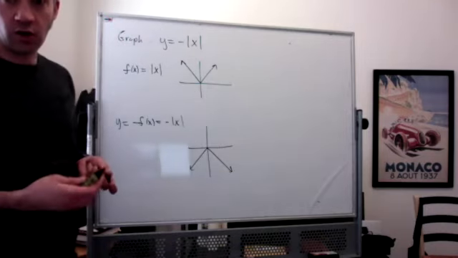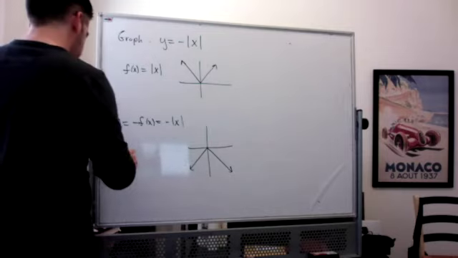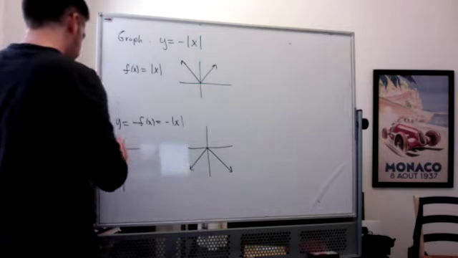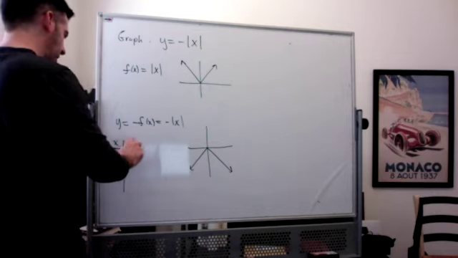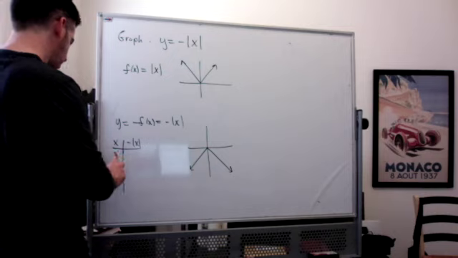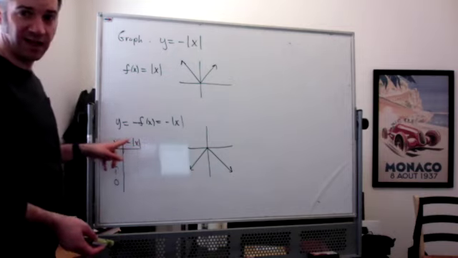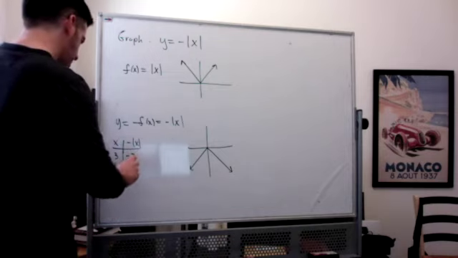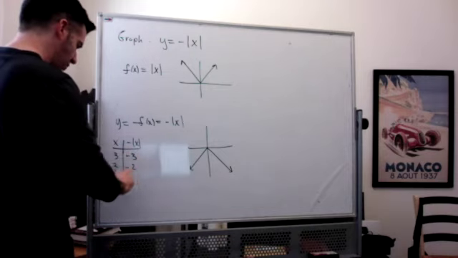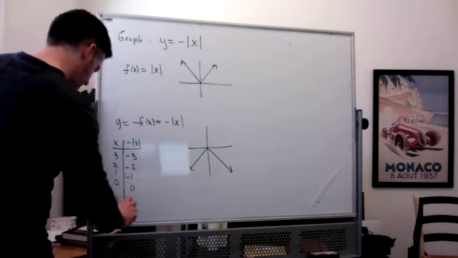If you're not sure, it's always fine to plot some points, right? We could totally make a table, say here's my x, here's my negative absolute value of x. If I plug in things like 3, 2, 1, or 0, the absolute value of 3 is 3, but then I get negative 3. Or 2, I get negative 2. Or 1, I get negative 1, or 0. And it's even true when I plug in negative values.